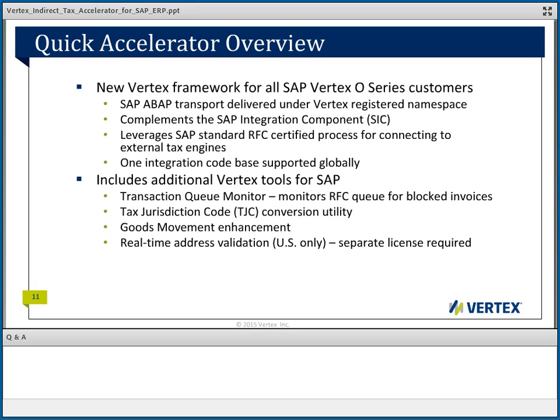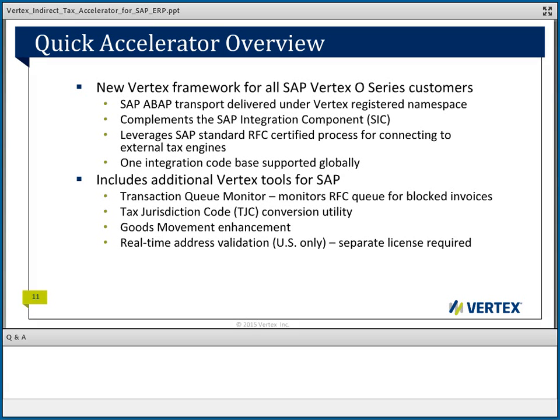The other thing that we've done besides the integration is we've added a lot of tools to the solution, and these are SAP tools, which we're going to go over. So, we all know that the integration helps you run transactions, get your taxes back, but we also added tools to help with, and we'll go through, the mapping, Q monitor, goods movement, which used to be a separate license but is now included, and address validation.